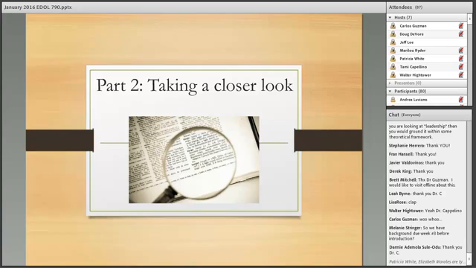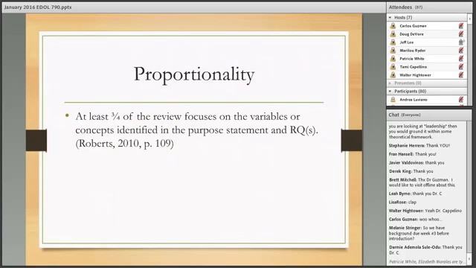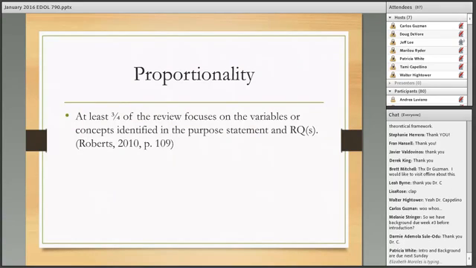I want to start off by using a textbook that you already have, the Roberts book, and I understand it's become quite a popular book, especially with the Star Wars folks. So, the dissertation journey, the Roberts book.